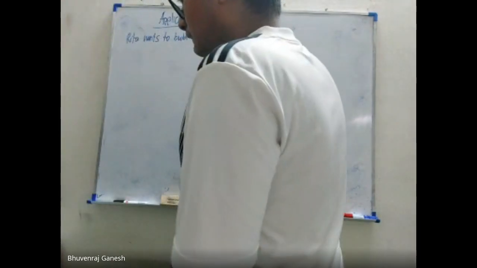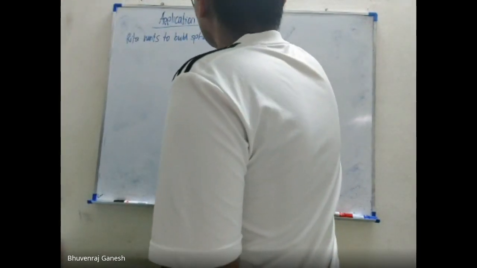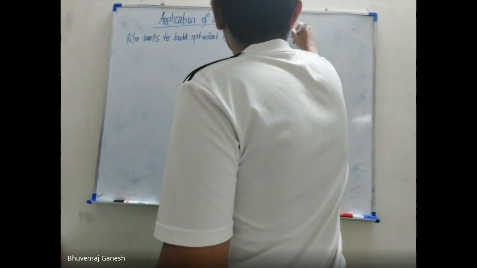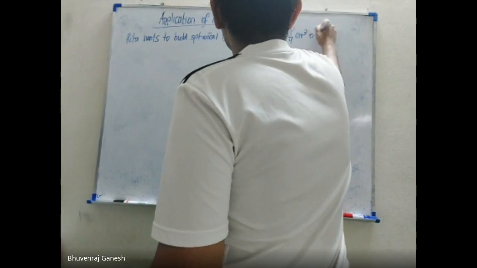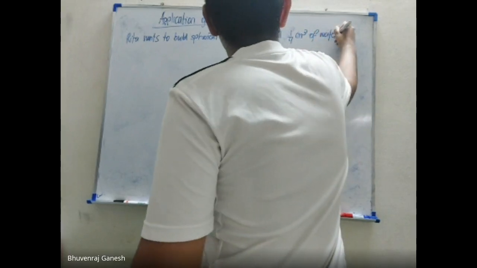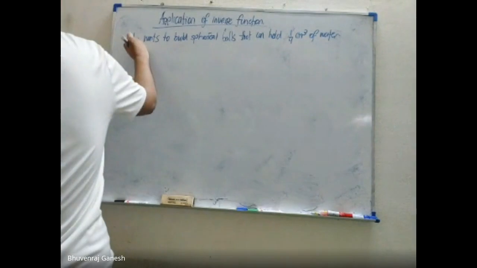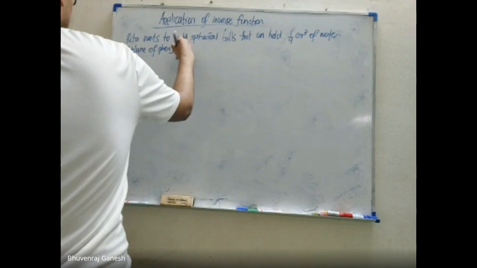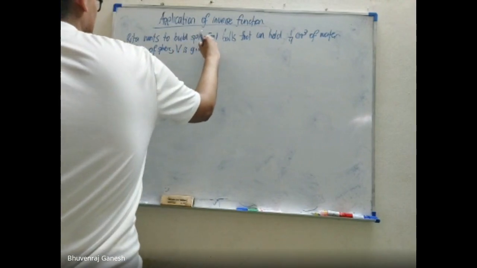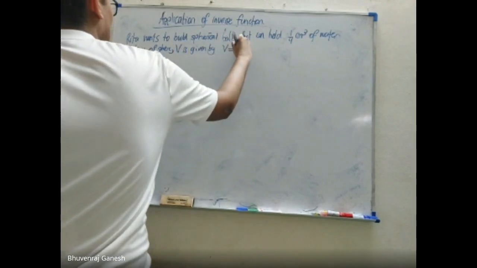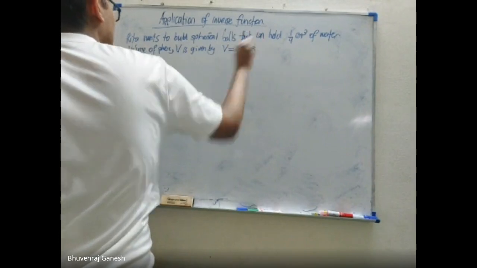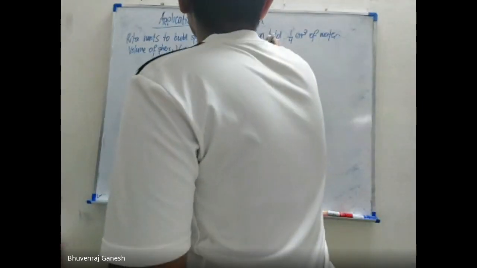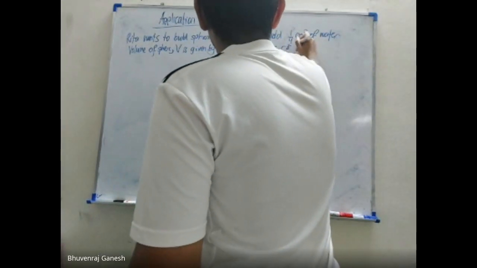One person wants to build spherical balls that can hold 1/4 cm cube of water. So they give you this info here. And the question already told you the volume of a sphere V is given by V equals 4/3 pi r cube. This one is something you should know by now, but the question already gave you. So just accept it.